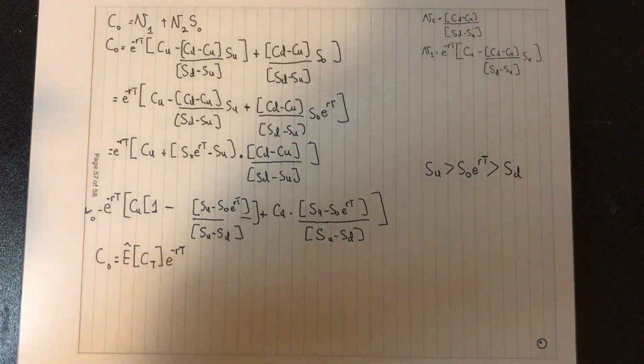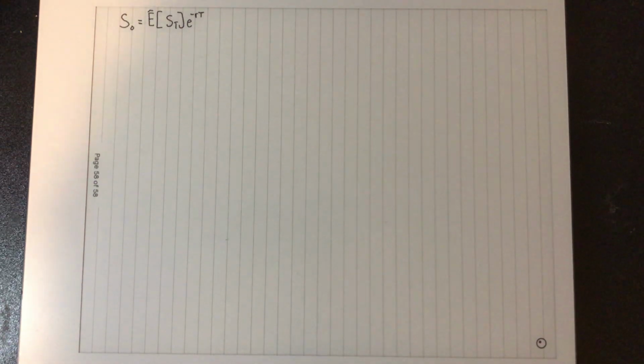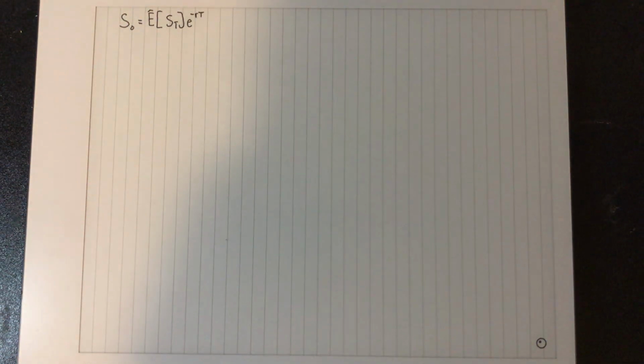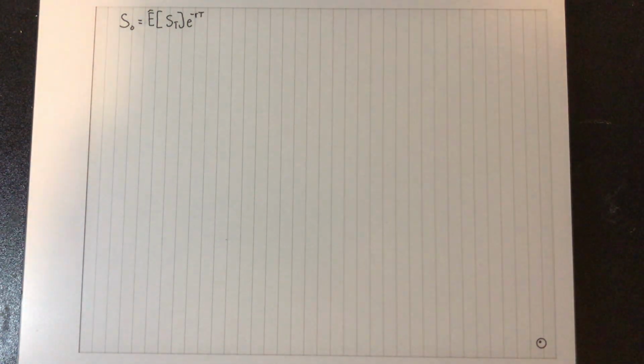So the next idea behind this is that if this relationship over here is true, then the following must also be true, assuming no arbitrage. And this will be an important thing later on, when we go further into the understanding of the Black Scholes model.